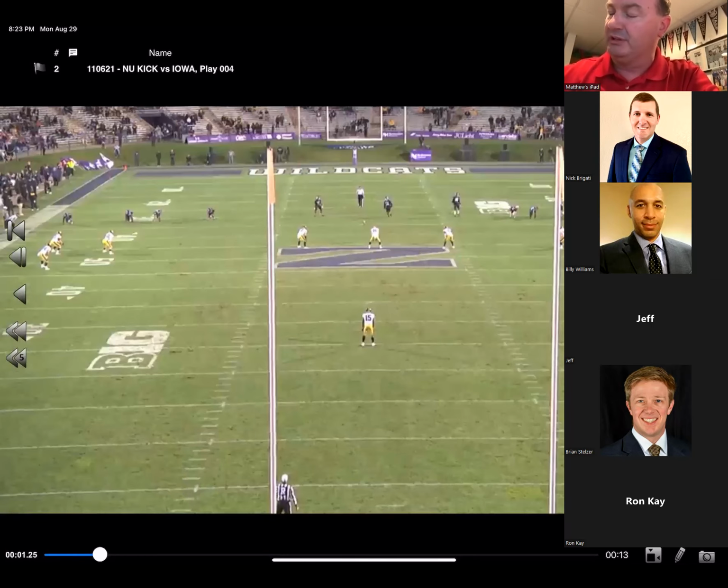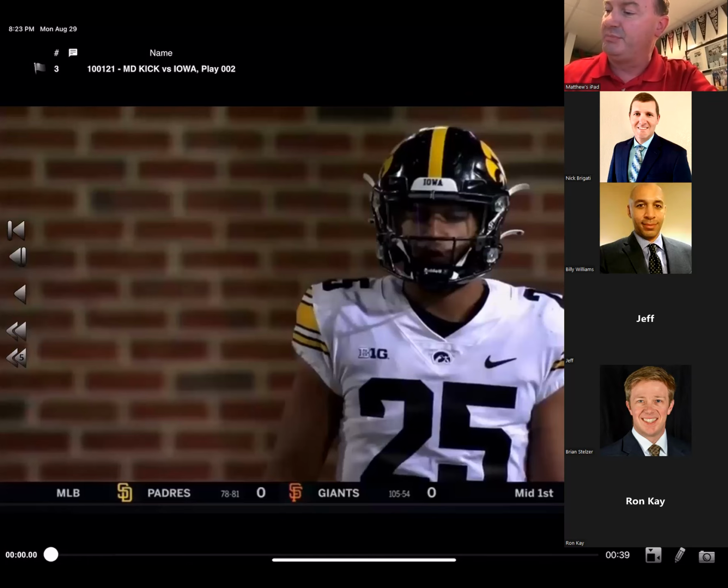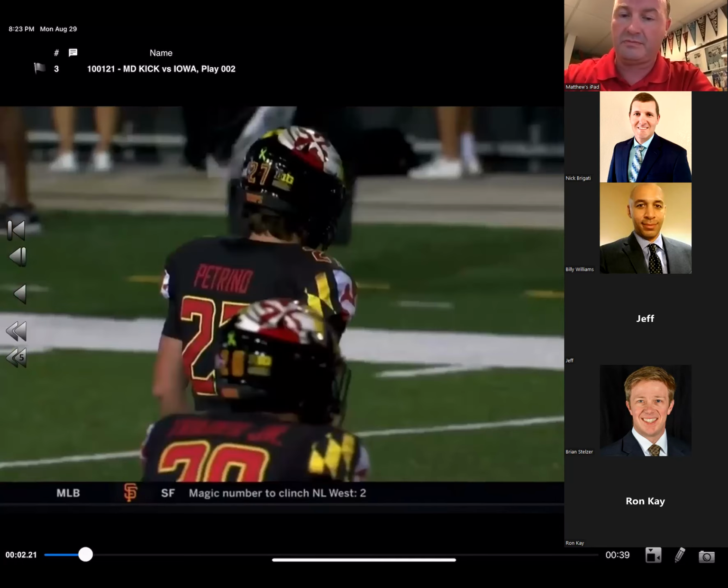Next one we're going to look at is an untouched airborne kick that goes out of bounds. So if it goes out of bounds in the air, if it goes over the pylon, it's not reviewable. It's going to be at the top of the screen near the pylon.